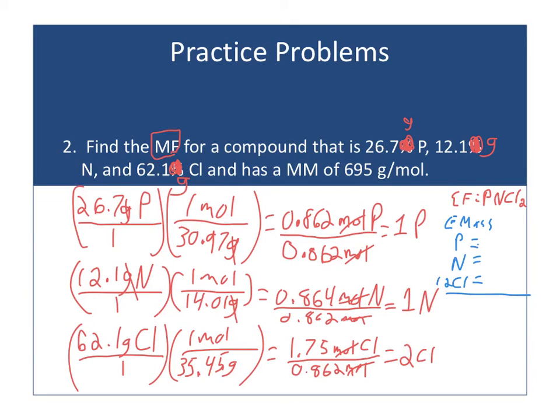Well, I already found out earlier a phosphorus is 30.97. A nitrogen is 14.01. Each chlorine is 35.45. 35.45 times 2 is 70.90. And so my empirical mass is that 70.90 plus 14.01 plus 30.97, which comes out to be 115.88.